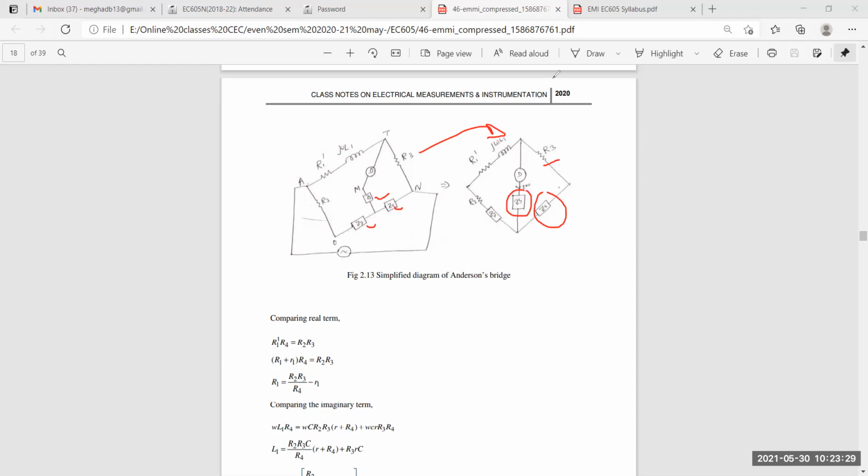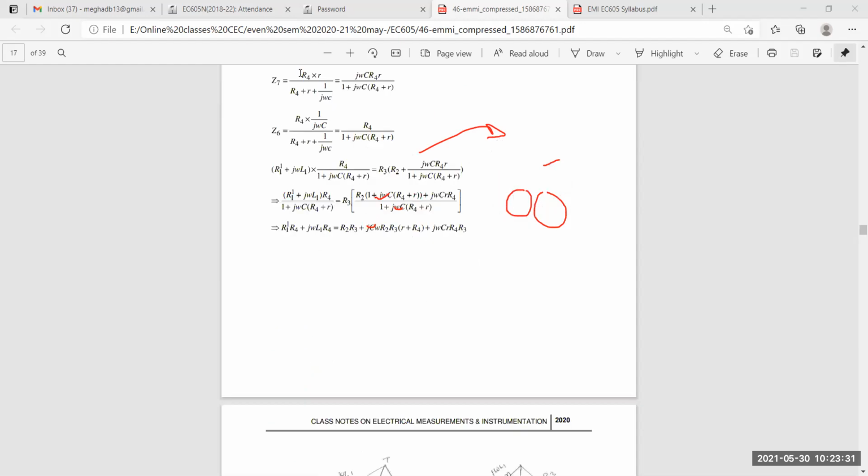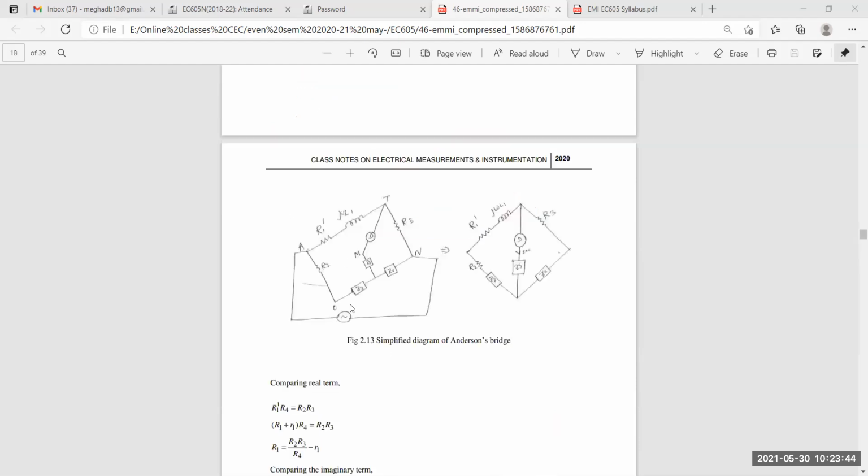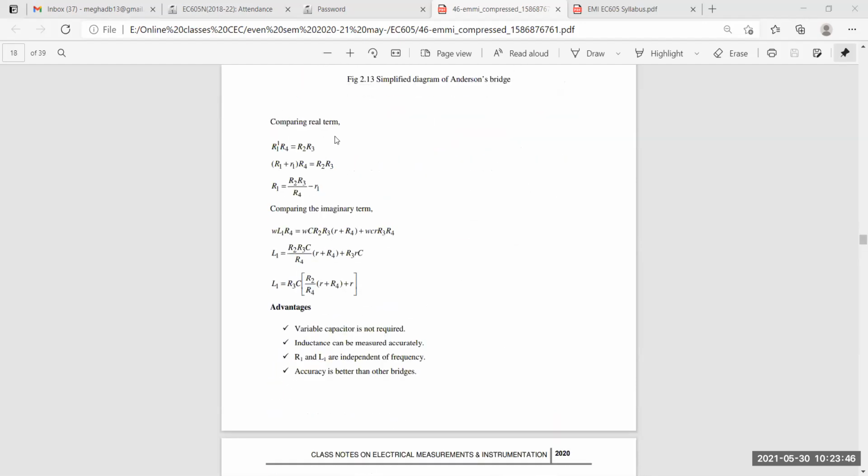So what is the formula we have got finally from here? See, from Z6 we have got this kind of formula, that is R2 R3 in combination with R4. So here from the previous term they have compared the real and the imaginary part, and the same equations you will obtain.